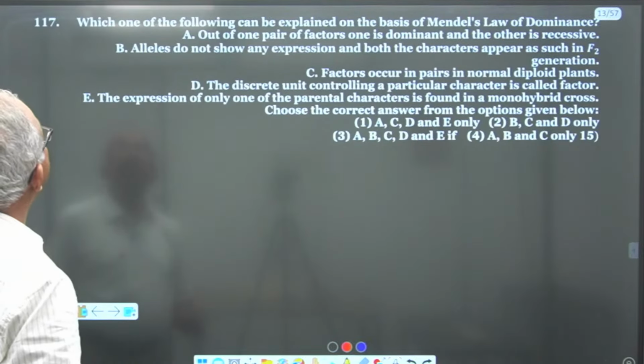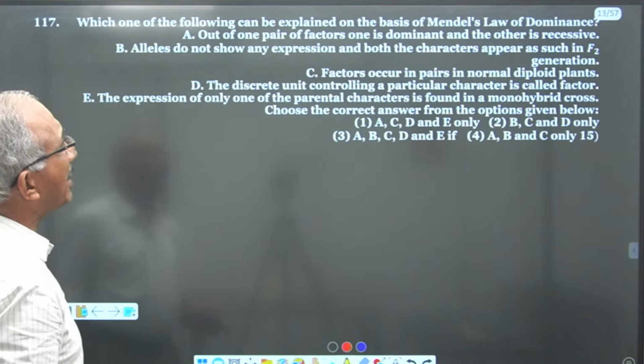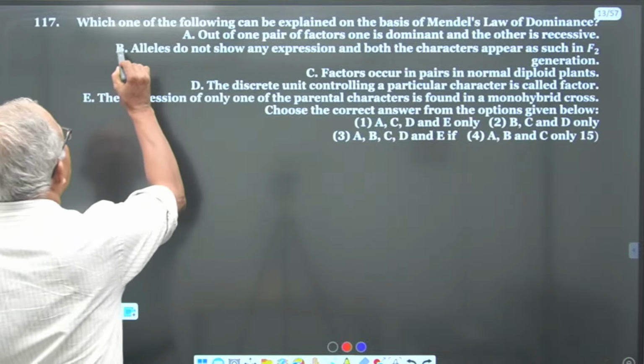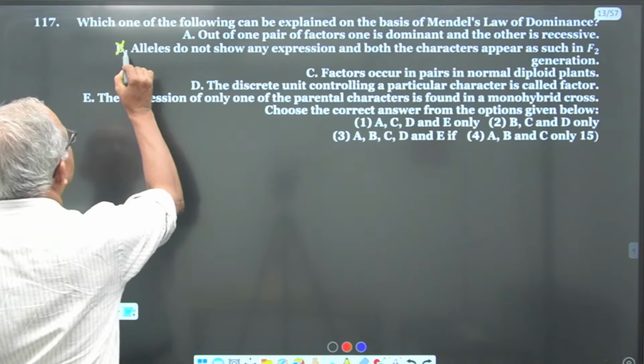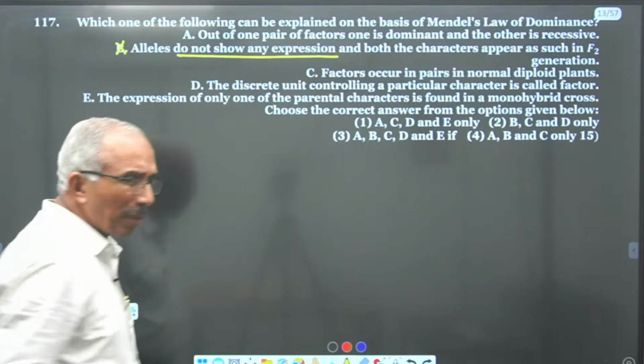Next, which of the following can be explained on the basis of Mendel's law of dominance? Here B is the only wrong statement. Alleles do not show any expression.